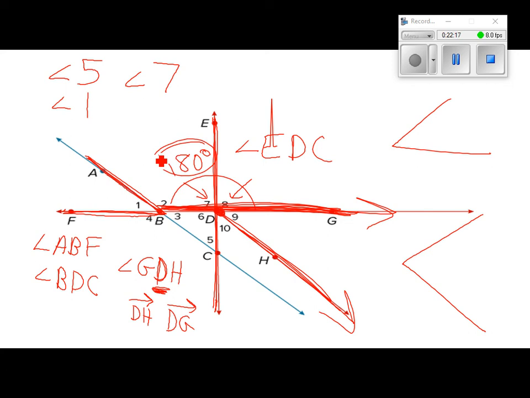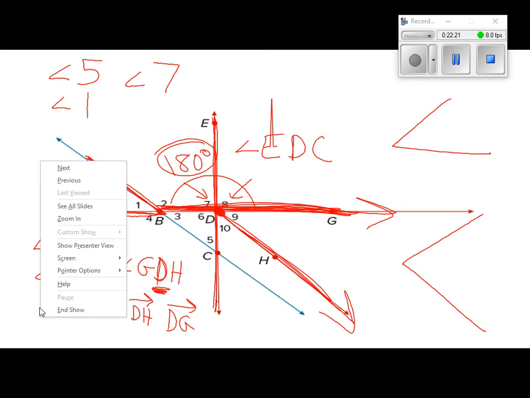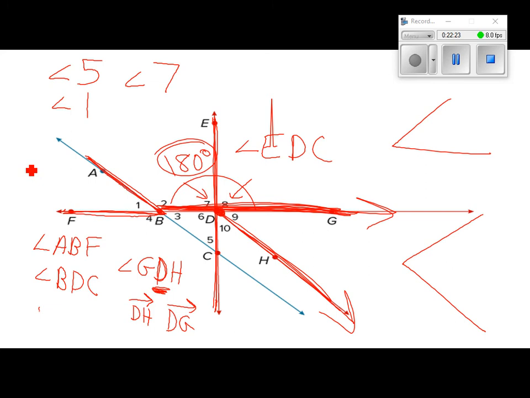Are there a whole bunch of other angles in this picture that we could have named? Yes. Any angles in this picture you could name with just 1 letter? If I pick angle D, it's the vertex. Which angle is angle D?